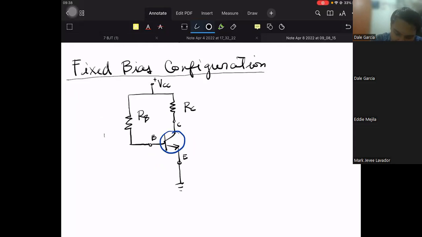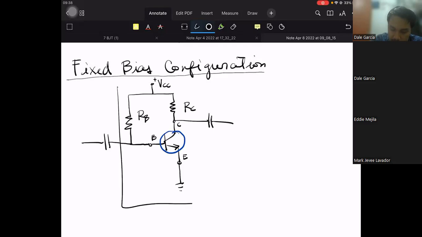Actually, there is a capacitor here and a capacitor here. These capacitors restrict us to the DC analysis only in this portion.